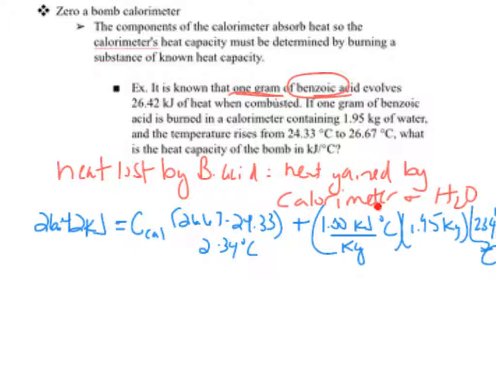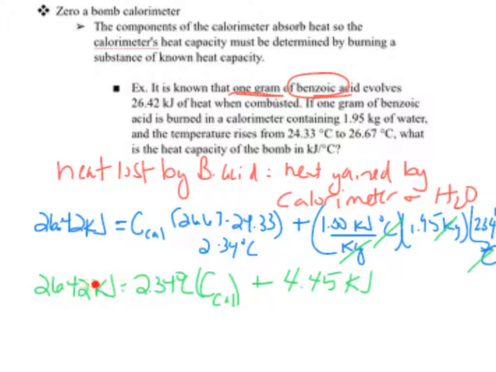So notice I did kilojoules per kilogram, so you can do joules per gram or kilojoules per kilogram. As long as you're doing the same change with each top and bottom, you're okay with modifying that. Times my 1.95 times my 2.34 degrees Celsius, which is my temperature change of my water. So when we simplify that, we get the 26.42 kilojoules to just come down.